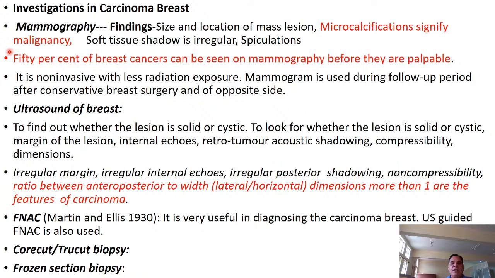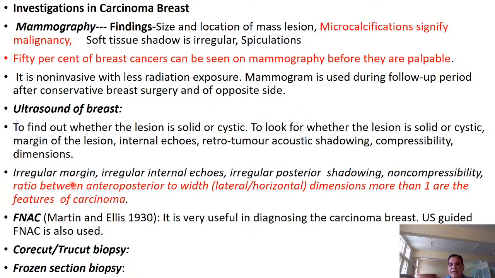And unfortunately, it has more importance above 45 or 50 years of age, when the breast size itself becomes small. With larger breast size, breast mass, mammography may not be helpful. So below 35 to 40, mammogram is not advised. Why more common? Non-invasive and less radiation exposure. Second is USG of the breast. What does USG show?